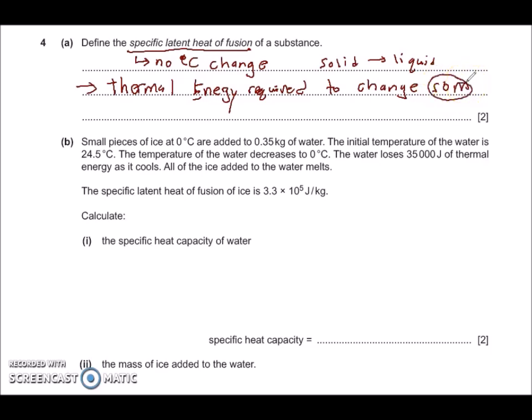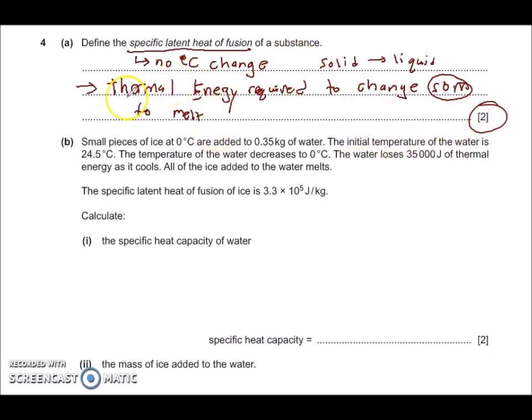So I just put a short form over here, state of matter, okay, to melt solid to liquid, okay, solid to liquid without the change of temperature. So you just have to copy down the sentence, and here is your 2 marks.